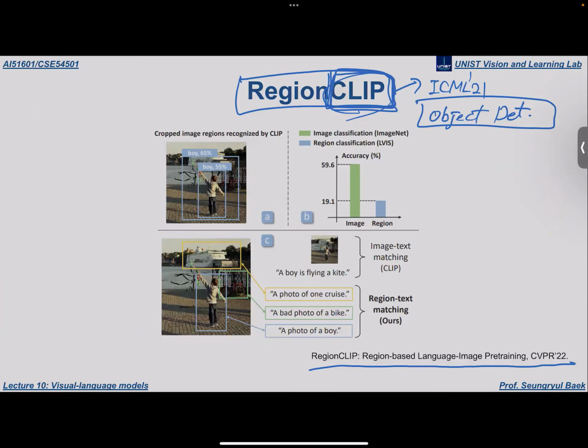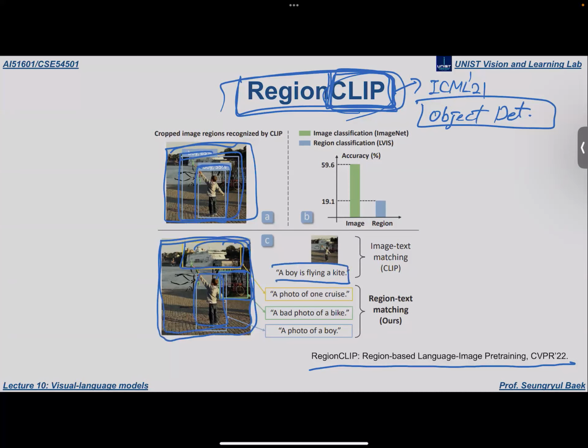But what RegionCLIP does is input the whole image, but measure the similarity between some regions of the image and the text. For example, inside the image there are multiple objects, and the entire image has a text description like 'A boy is flying a kite.'